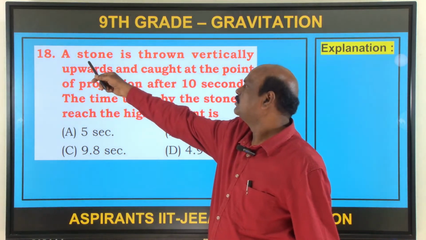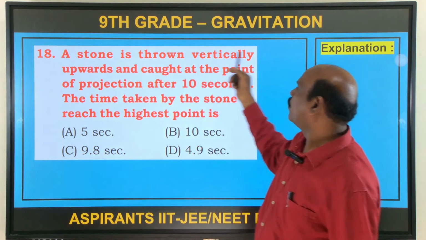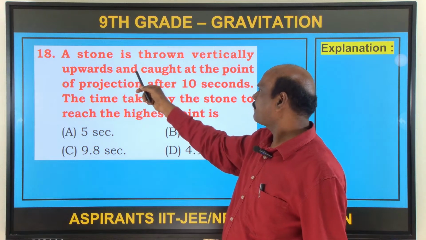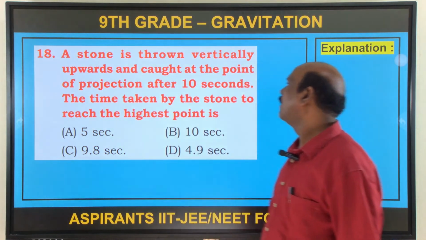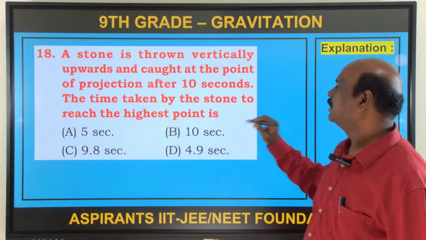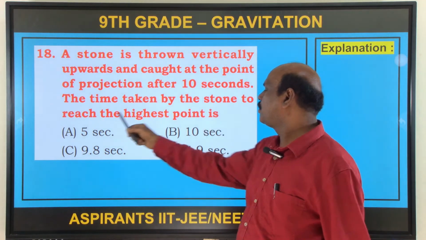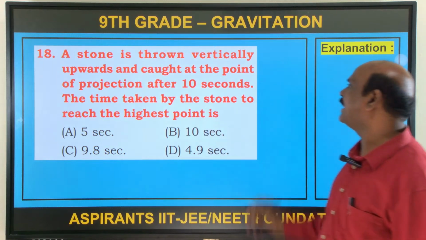A stone is thrown vertically upwards and caught at the point of projection after 10 seconds. The time taken by the stone to reach the highest point is?